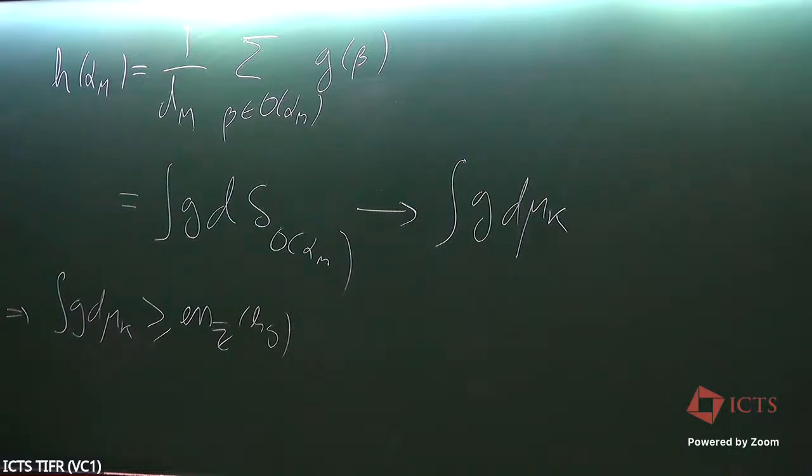So if I now take all possible compact sets of capacity 1, and then I take the infimum value of this integral, do I get exactly the essential minimum? And then we will be in good shape because we can close the gap. Unfortunately, it's not true. So one can show that this family of upper bounds is not sharp, and we need better upper bounds.